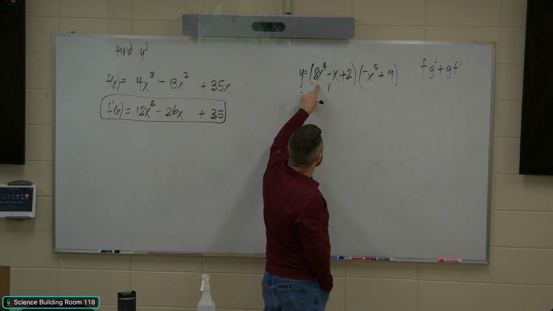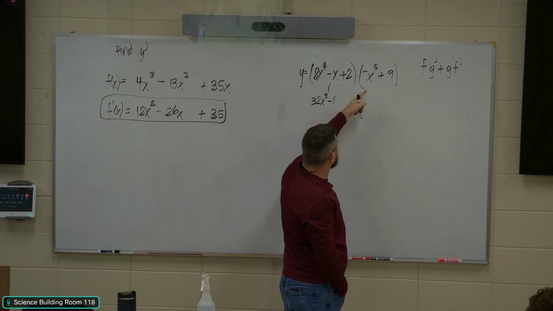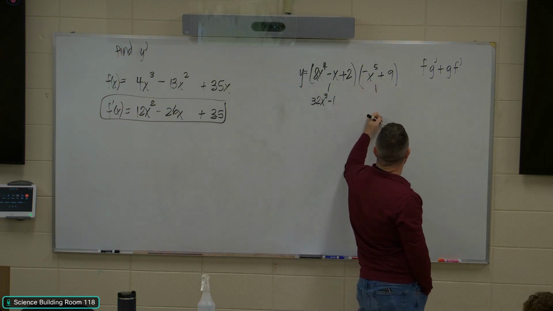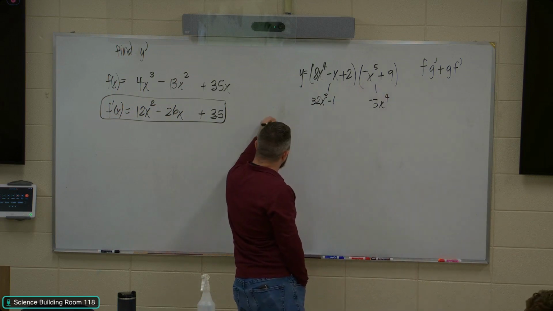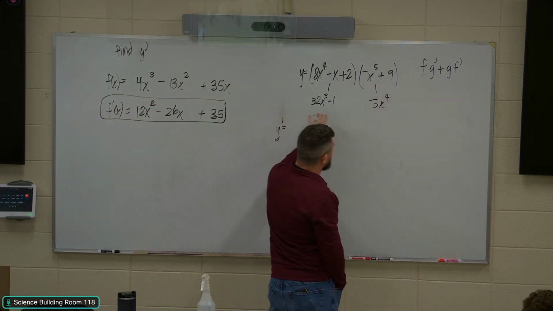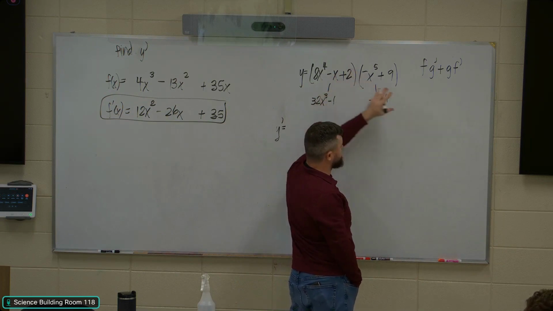Okay, the derivative of the first function is 32x cubed minus 1. The derivative of the second function is negative 5x to the 4th. So now, when I take the derivative of y, I'm going to copy paste all this information into the formula.